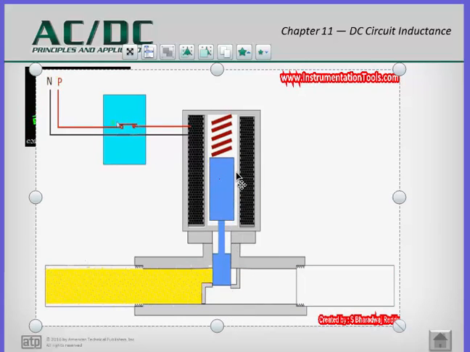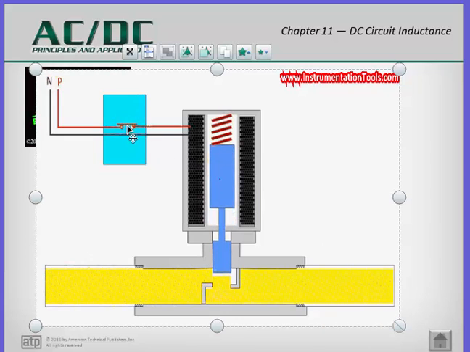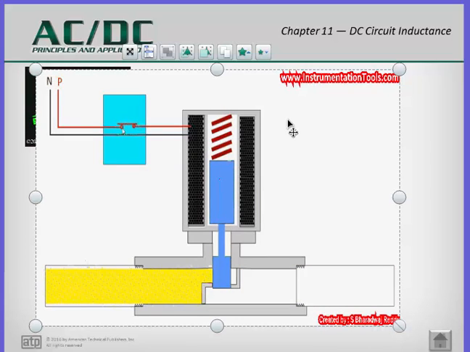It's attracted to the magnetic field. This compresses the spring and it opens the valve. Once the valve is open, process can flow. When the contacts are opened up, the magnetic field disappears, and the compressed spring can use mechanical energy again to close the valve.